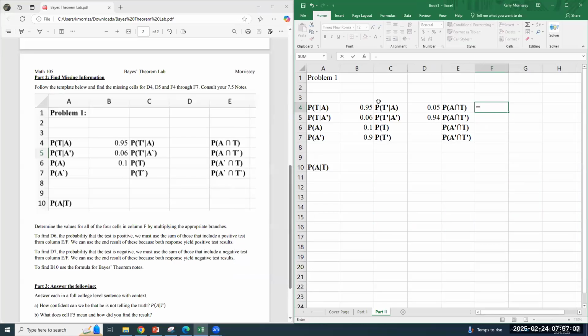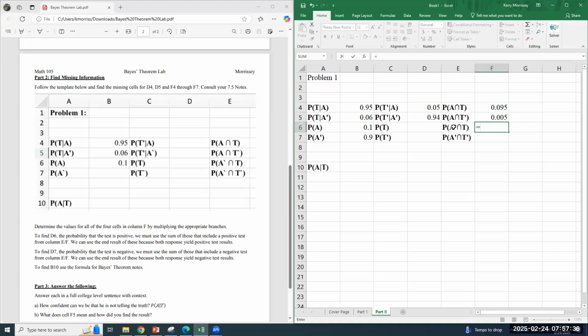So that would be, you took the drug, A, and you're multiplying it to the condition that you took the drug and therefore you tested positive. The below is that you took the drug and you did not test positive as the result. So in this case, you still took the drug, that's A here, and you did not test positive. Therefore, you tested negative. Can you fill out the remaining?